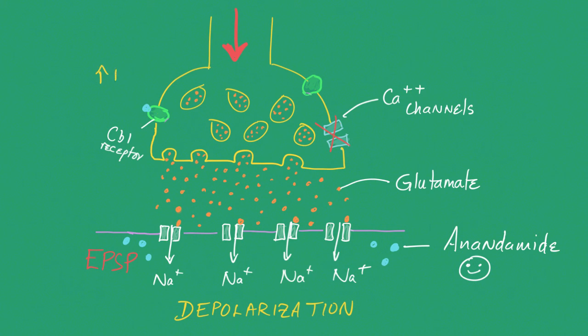So this is actually beneficial because we don't want the postsynaptic neurons to be in a very high level of excitation. This results, in a roundabout way, in elevating the mood and increasing relaxation.